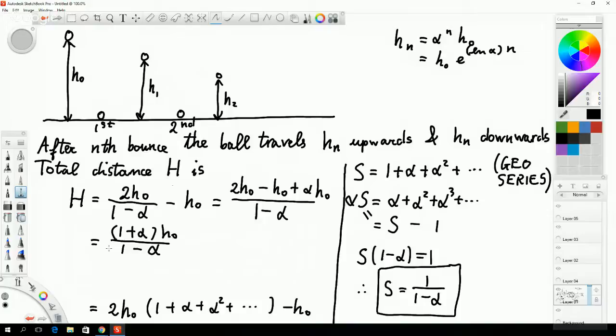Why is it that in practice this is not attained? Well, that would mean there's an infinite number of bounces, and as we will see in the next section, once the number of bounces gets really, really high, the time difference between any two given bounces would be very, very small, and eventually will become so small that it will be comparable with the speed of sound of the material that we're using.